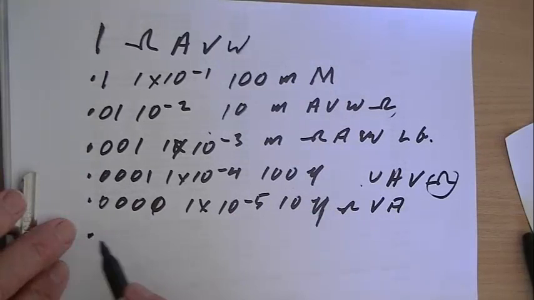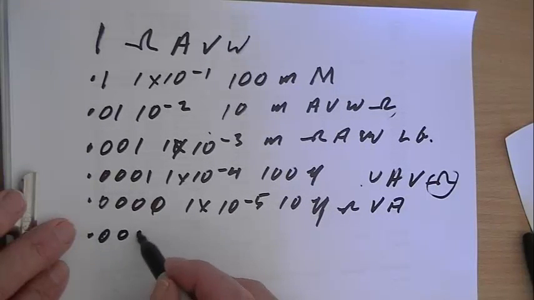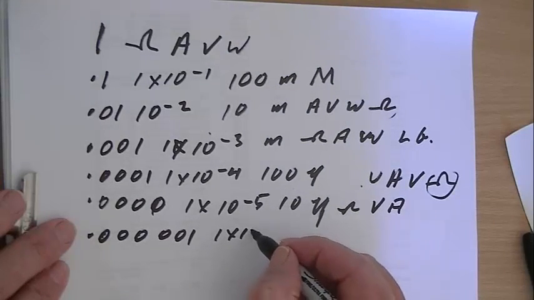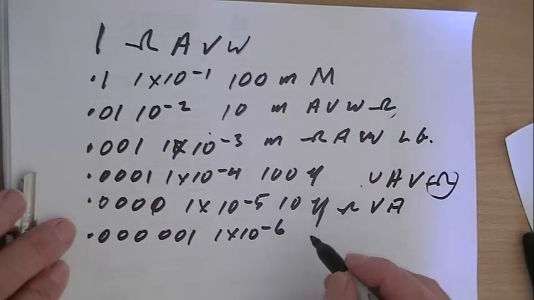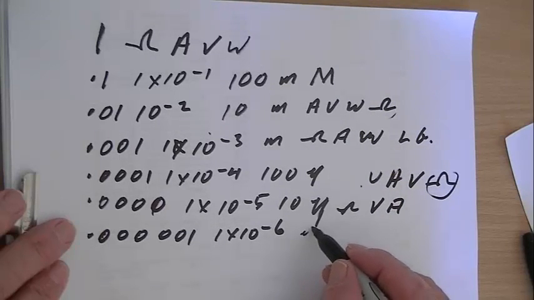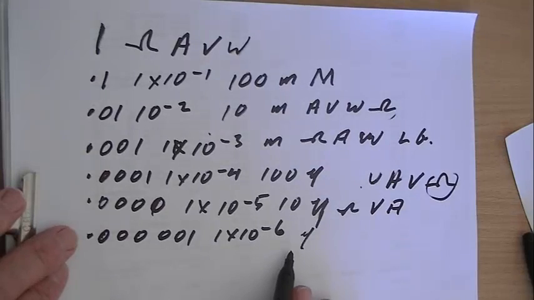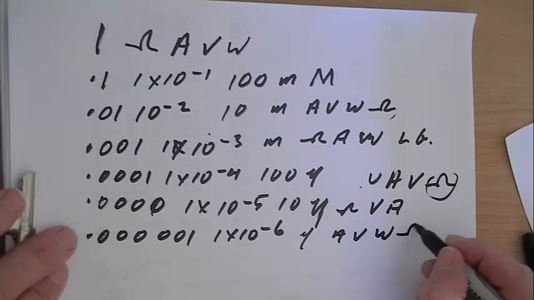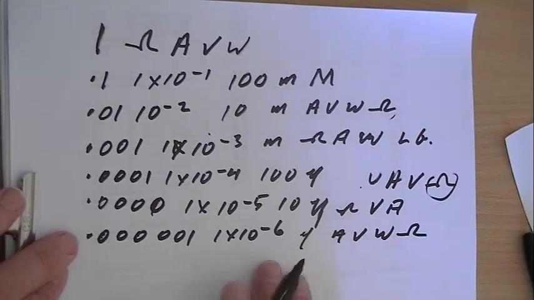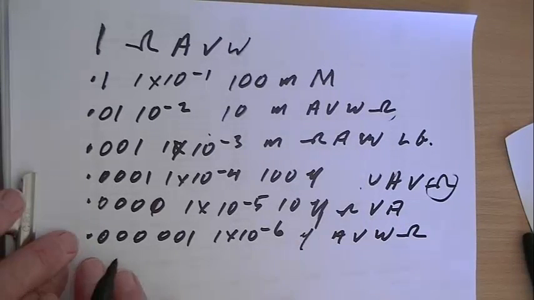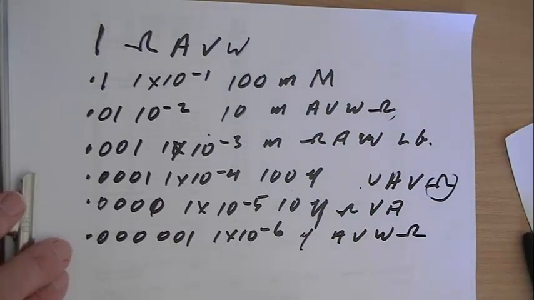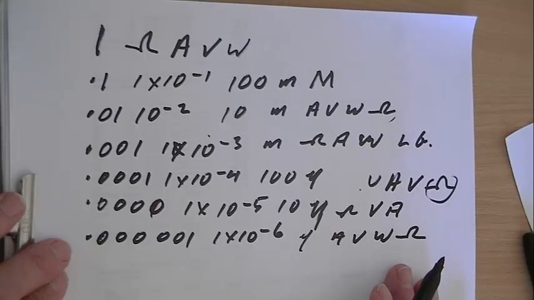Then there's the biggie that we use all the time, 0.000001, which is 1 times 10 to the minus 6, which is your micro. 1 millionth of whatever, an amp, a volt, a watt, an ohm. 1 millionth is 1 micro, and is 0.000001. Then you can go down into picos and nanos and all that, but we won't go that far because we don't use that.